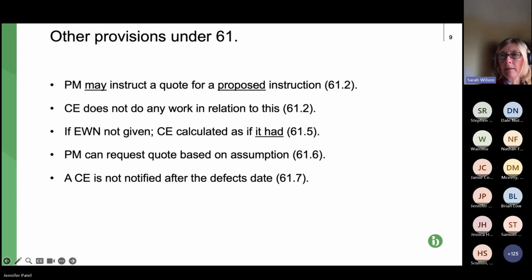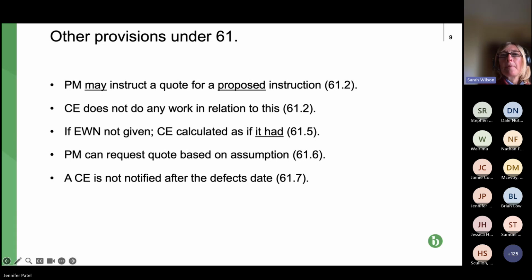So it's basically penalising the contractor for not issuing the early warning notice. And the logic would generally be something like clients saying, if I'd known this was going to be a CE, if I'd been given the early warning notice, we could have done something to mitigate the cost. We could have stopped it altogether, so it mightn't have cost anything, etc., etc.